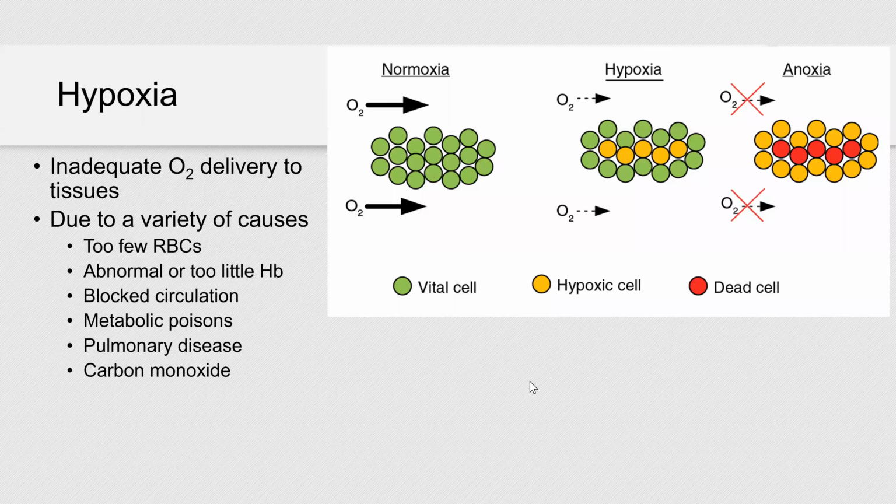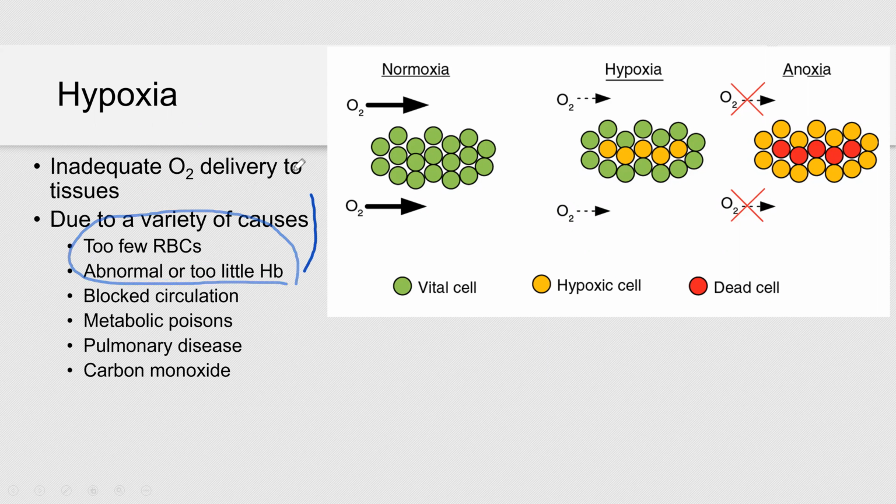Hypoxia means a low oxygen level, so it's inadequate oxygen delivery to tissues. And why would you deliver a low amount of oxygen? Again, it can be because of different reasons. For example, too few red blood cells, or too little hemoglobin. So that's your anemia.